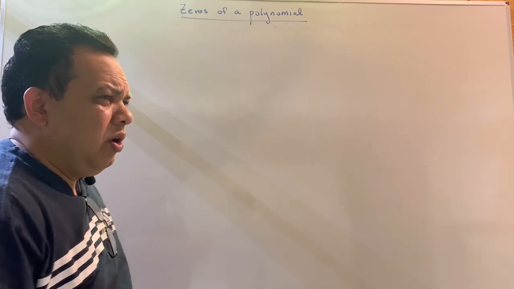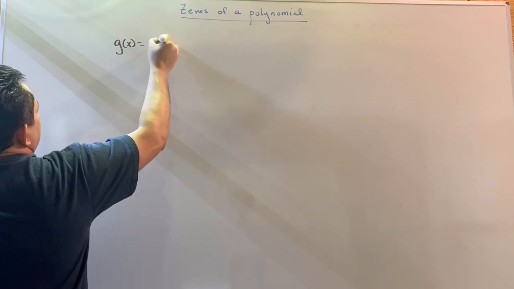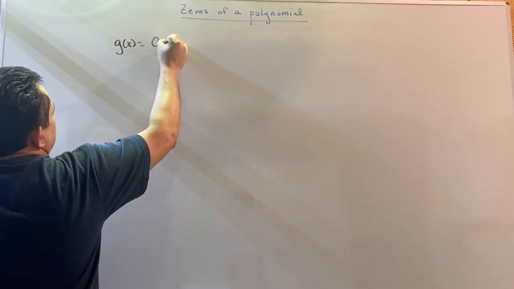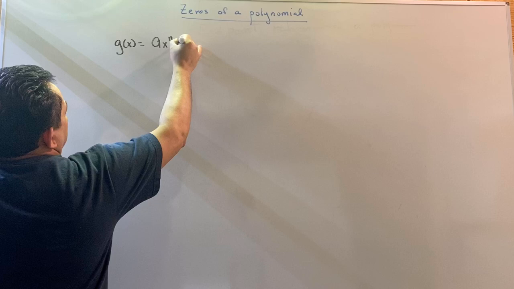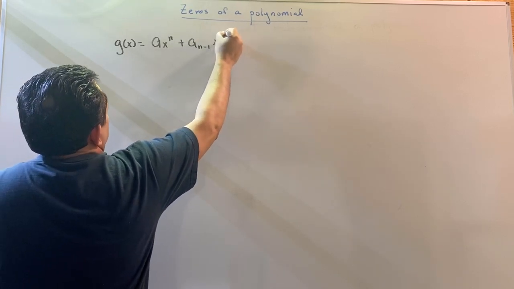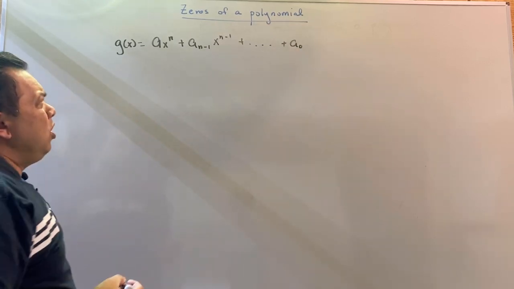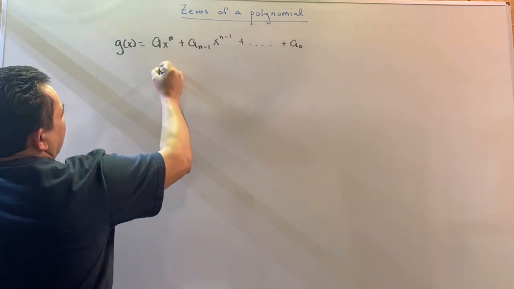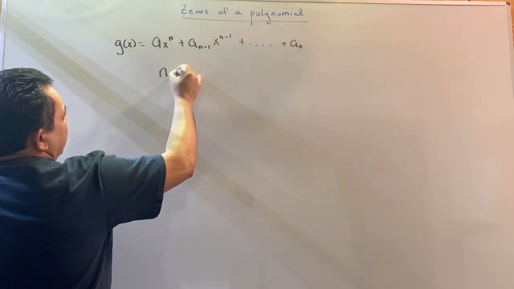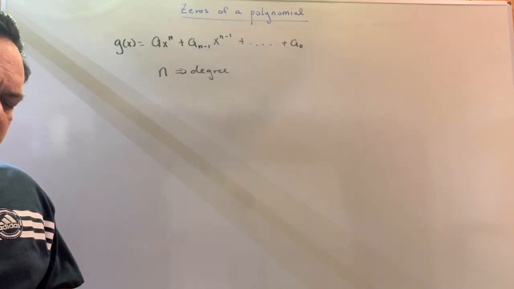Well, as you know, if we have a polynomial g of x is equal to a_n x^n plus a_(n-1) x^(n-1) and so forth, we know that this n, which is called the degree, also tells us that we will have at most n zeros.